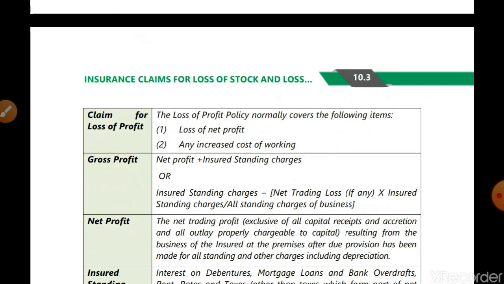So, what is the net profit loss? Suppose in your business premises a fire broke out and most of the premises have been destroyed.